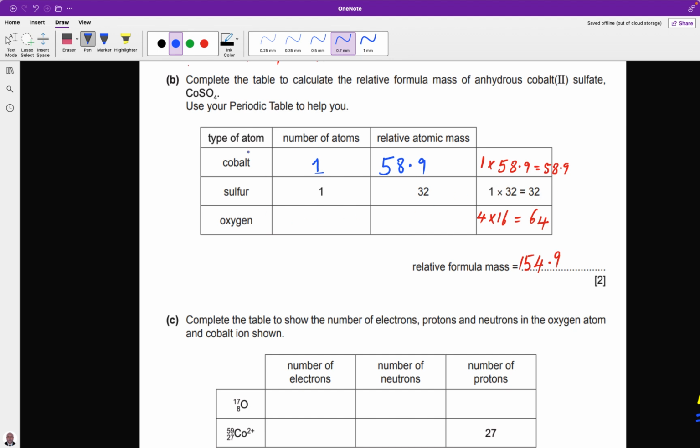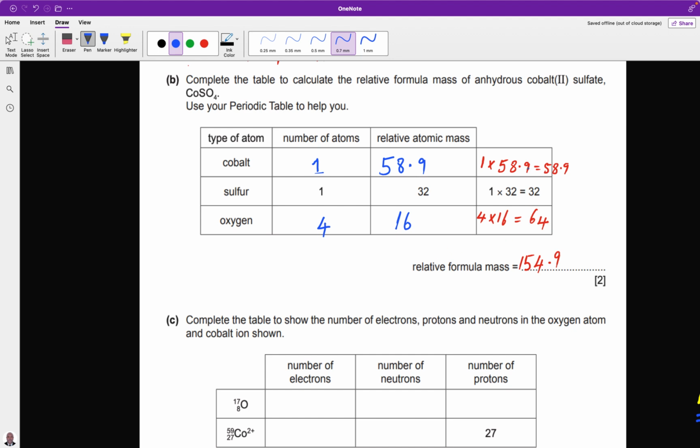Then oxygen. If you look at oxygen here, how many atoms are there? There are 4 atoms. The relative atomic mass of oxygen in our periodic table is 16. To have the total mass of oxygen present there, it will be 4 times 16, which is 64.